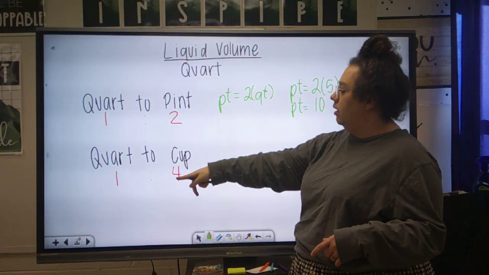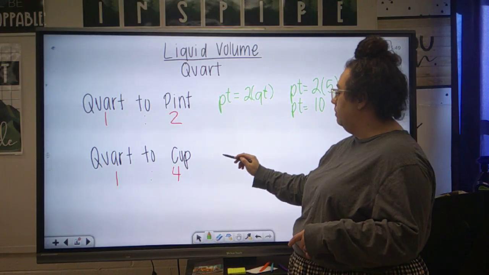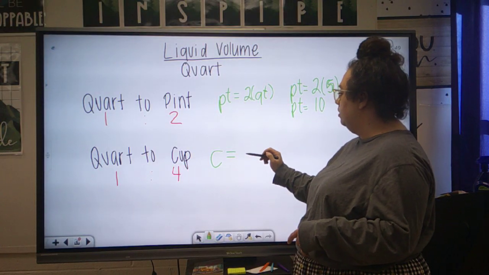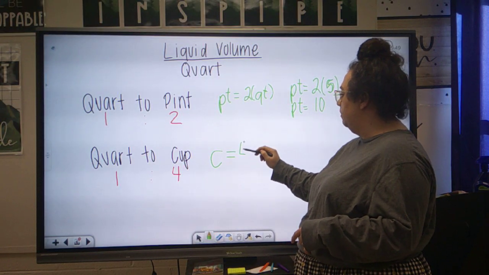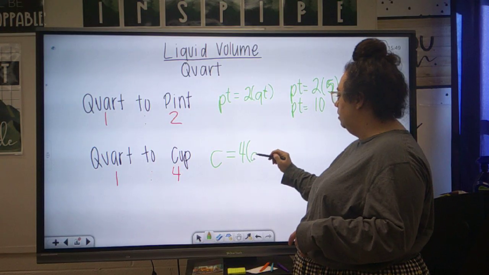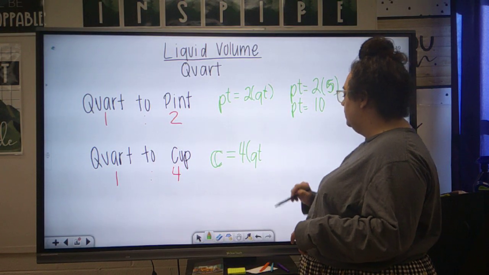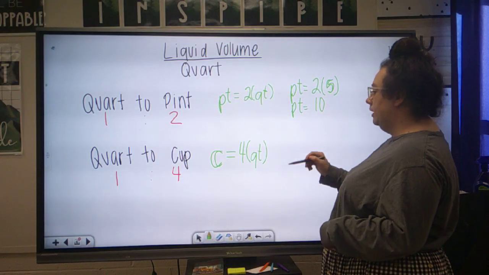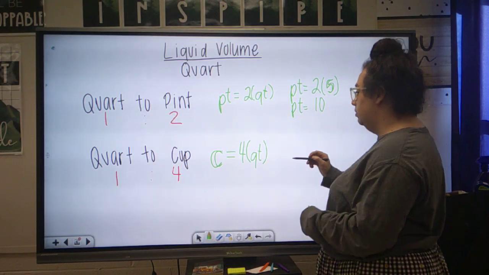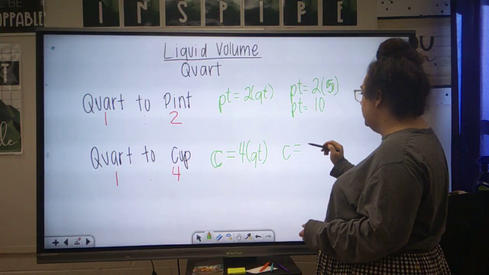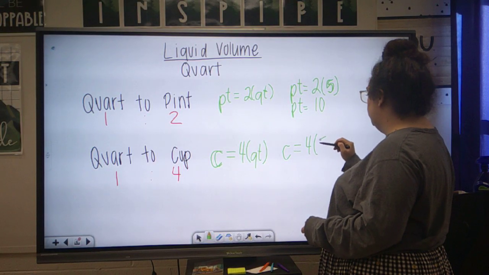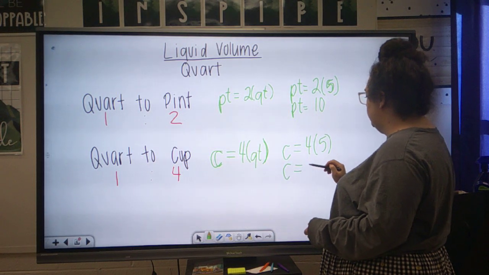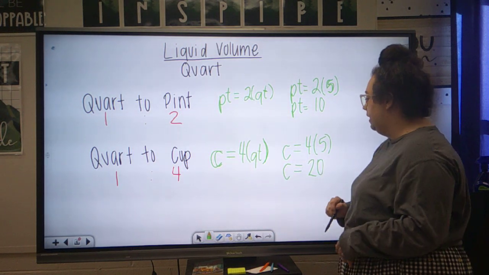The same applies for quarts to cups. I would multiply cups is equal to 4, because it's a 1-to-4 ratio, times the number of quarts. And so what that would look like if I had 5 quarts would be the number of cups is equal to 4 times my 5 quarts, and the number of cups is equal to 20.